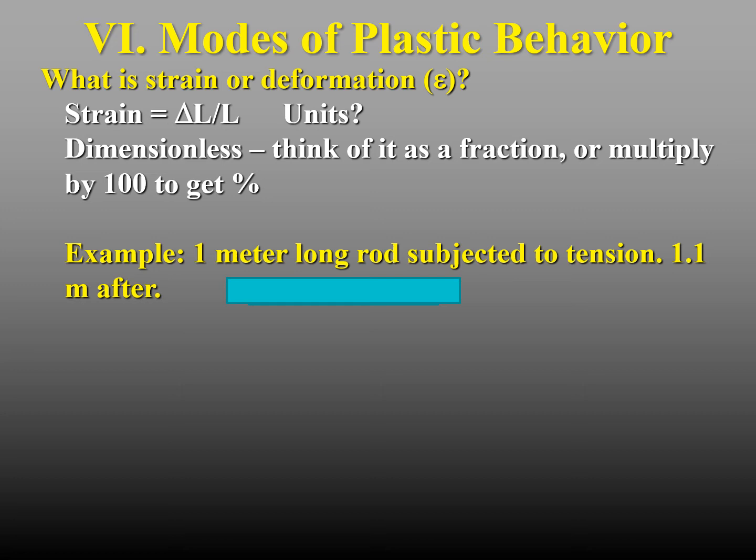What's the strain? 0.1 meter divided by 1 meter is 0.1. 0.1 is the same as 10%, right? So it's stretched by 10%, or it's stretched by 0.1. So I like to think of it in terms of a percentage. That way you sort of have a unit. Or you could just leave it in fractional form and it's stretched by 0.1. Same as 10%.